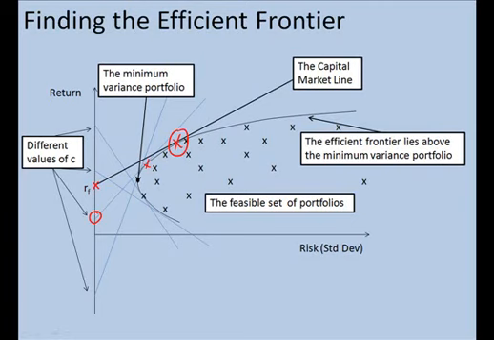And we can do the same for lots of different values of the risk-free rate. And when we plot all the solutions, we can trace out the efficient frontier and the envelope of the feasible set of portfolios. And that's how you calculate the envelope of the feasible set of portfolios. Reminder, the envelope is here.